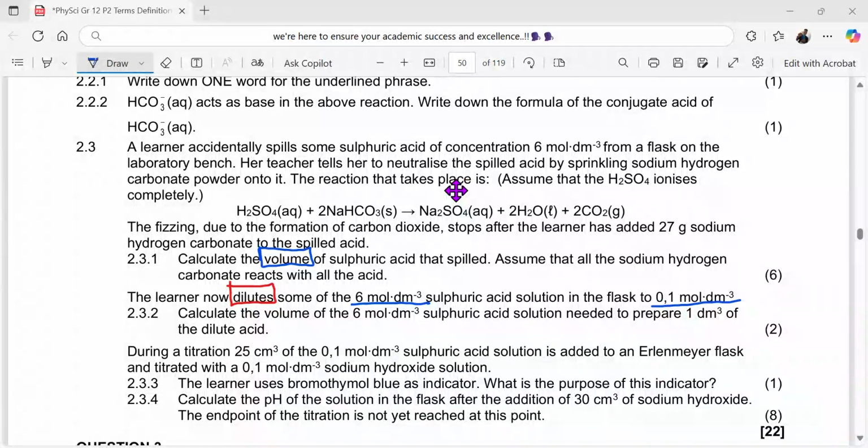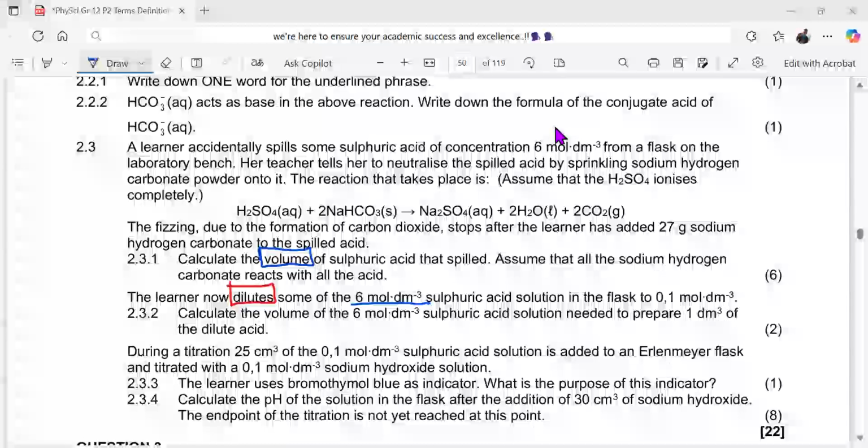Now they say to us, calculate the volume of the 6 mol per cubic decimeter sulfuric acid solution that is needed to prepare 1 cubic decimeter of the dilute acid. What is this question saying?